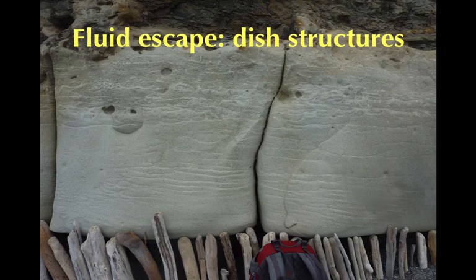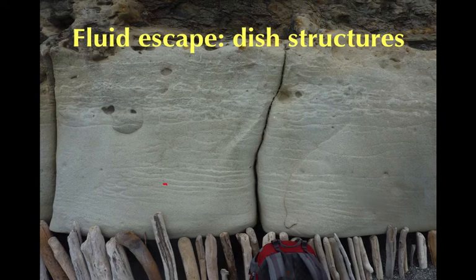Dish structures are a common water escape structure. When sediment is deposited rapidly from suspension, a lot of excess water can remain trapped between the grains. If the sediment is porous, the water will escape in sheet-like pathways that can be temporarily impeded by layering in the sediment.